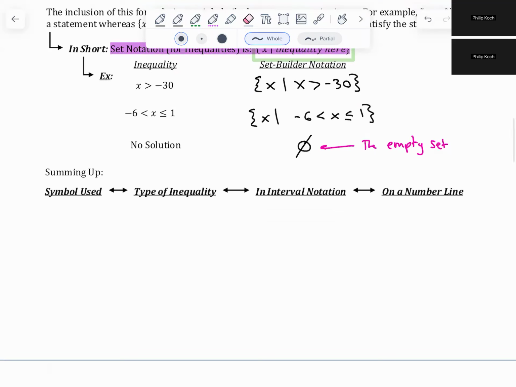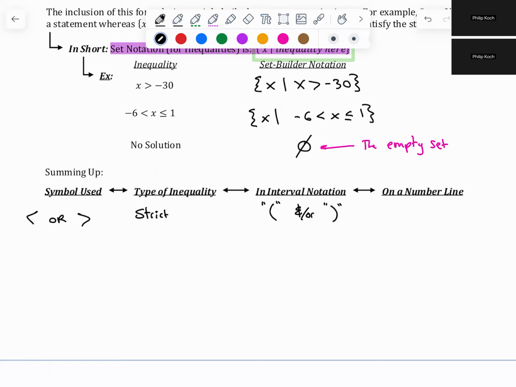So if you have a less than symbol or a greater than symbol, that type of inequality is a strict inequality. In interval notation, it's parentheses. Strict inequalities have the parenthesis because the parenthesis touches but does not include. It just barely taps it.